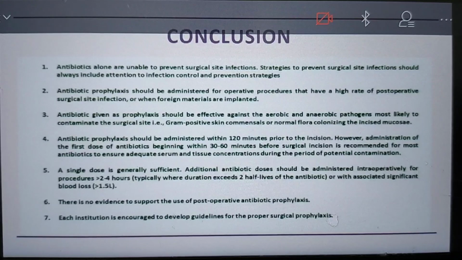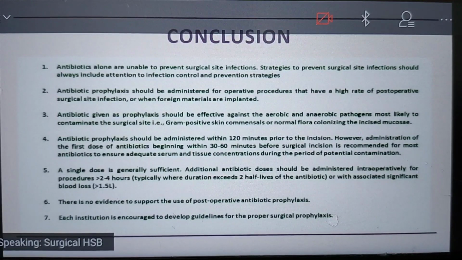So, in conclusion, antibiotics alone are unable to prevent surgical site infection. Strategies to prevent surgical site infection should always include attention to infection control and prevention strategies.